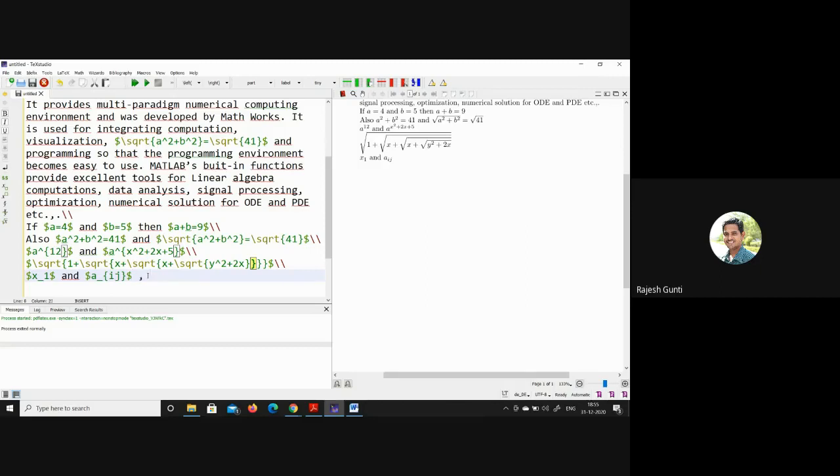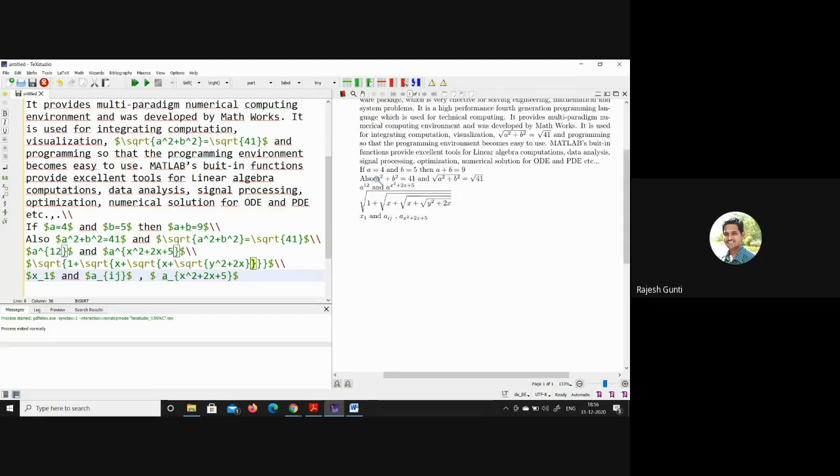For example, I'm typing a underscore x cap 2 plus 2x plus 5. I'm closing the dollar symbol. Okay, this is about giving square root. This is about square root, superfix, suffix, like this.